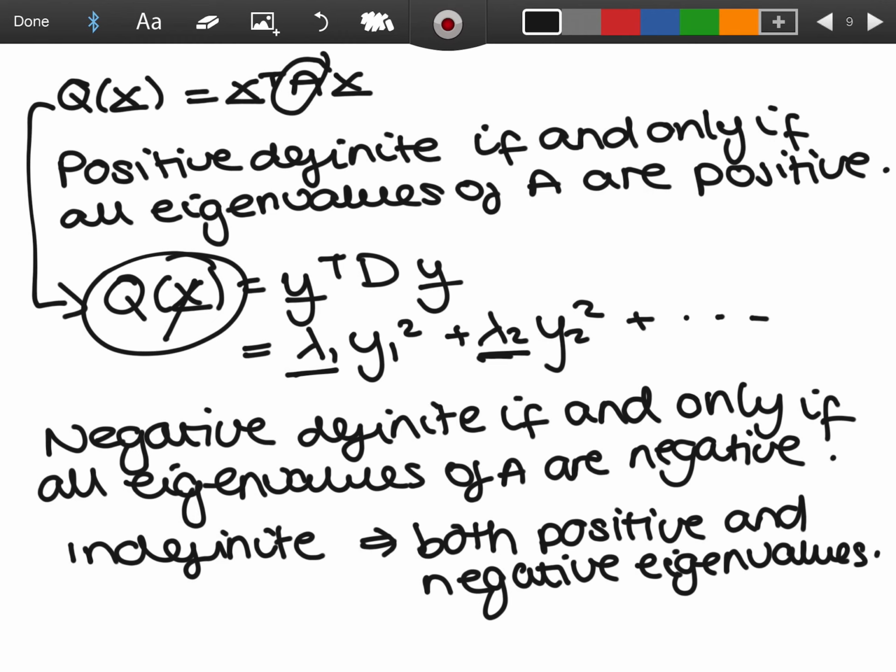In the same way, if we find that this quadratic form is negative definite, then we can also say that the matrix of the quadratic form A is negative definite. So these terms actually apply to both the quadratic form and the matrix of the quadratic form. You can describe them in the same way.